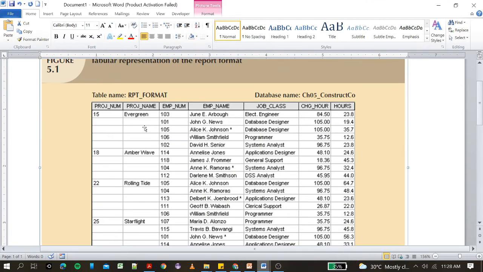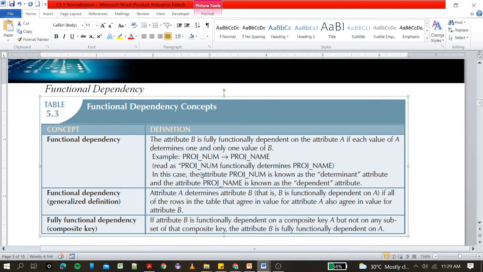So, in this table, si project name is fully dependent on the project number. Kasi kapag alam natin yung project number, malalaman natin yung project name. Kapag alam natin yung project name, automatic alam din natin yung project number. No? So, yun yung isang example ng functional dependency.